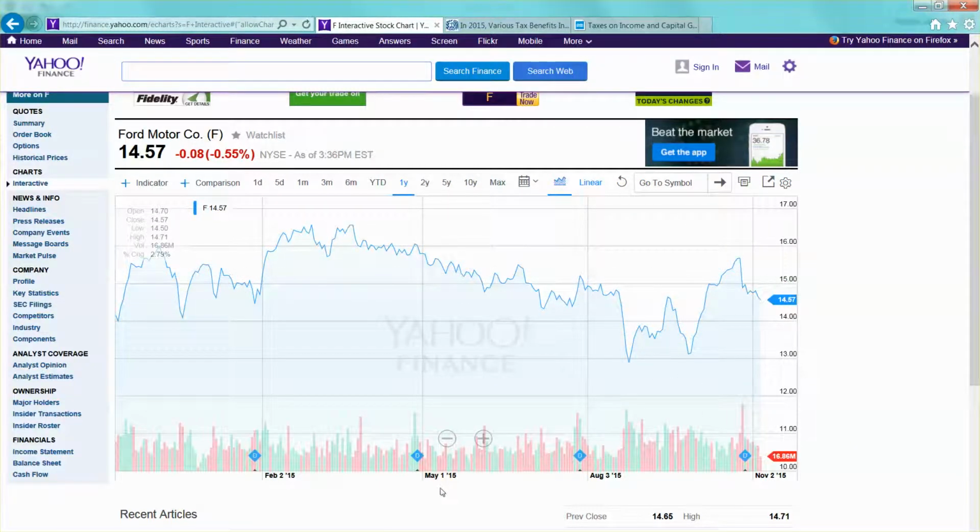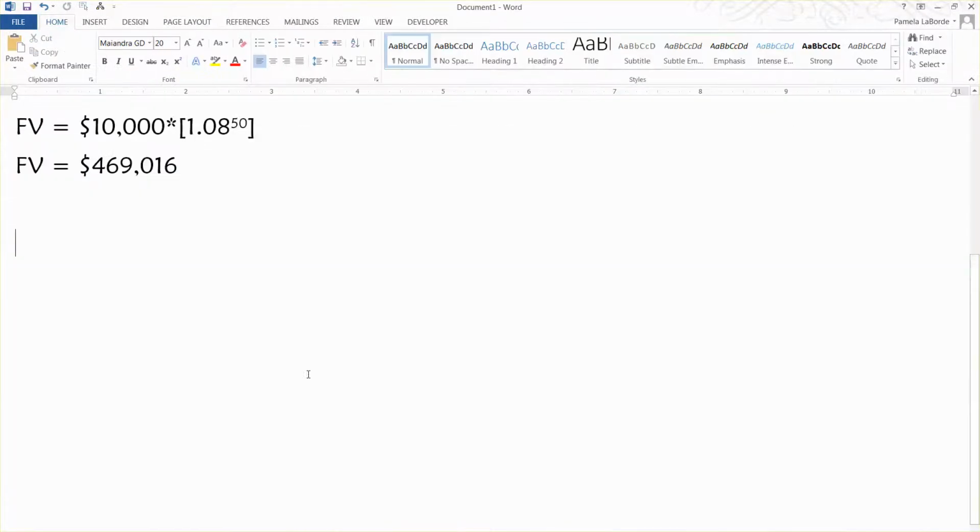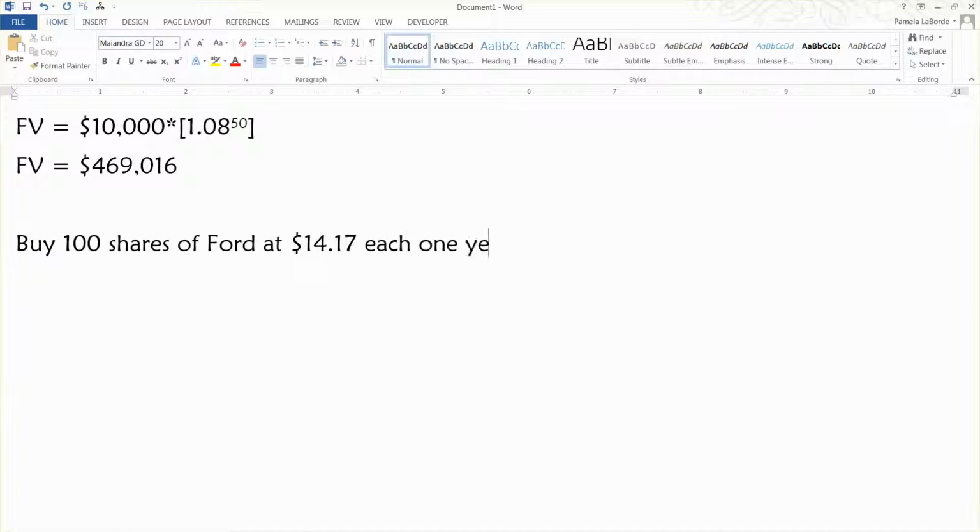So let's say I buy 100 shares of Ford, and I think I'll do this in Word. So I buy 100 shares of Ford at $14.17 each 1 year ago, and I sell them today for 14.57, I believe it was, each.